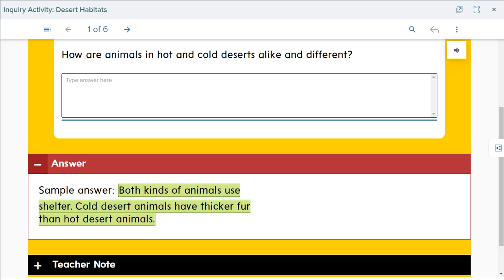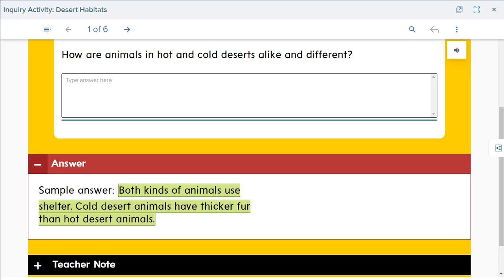Both kinds of animals use shelter, so both of them can find shelter in that place. Cold desert animals have thicker fur than hot desert animals. But animals that live in the desert have other adaptations. We talked about the cactus as a plant that lives in the desert. Do you remember the cactus?